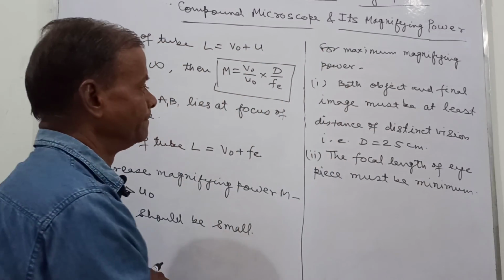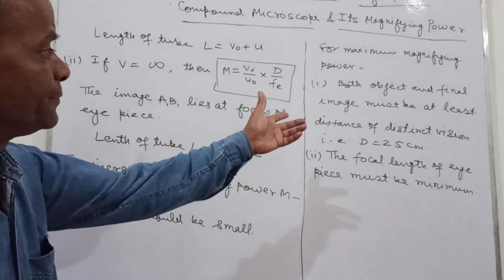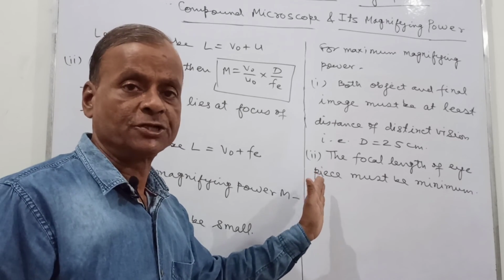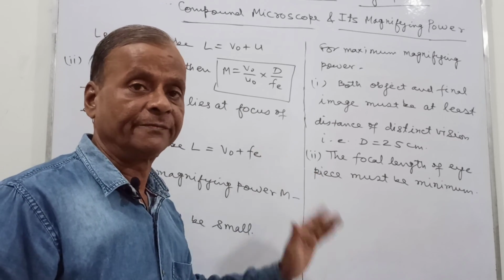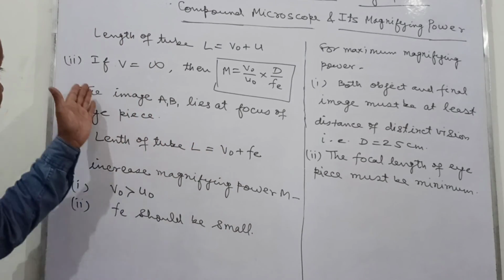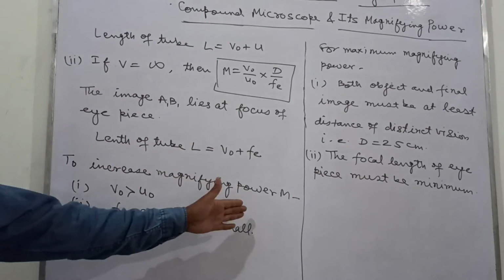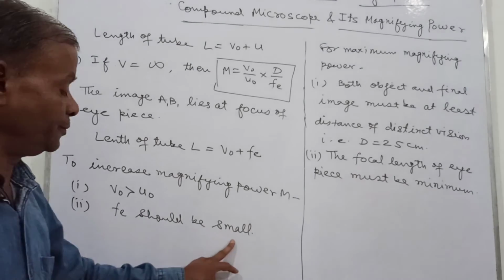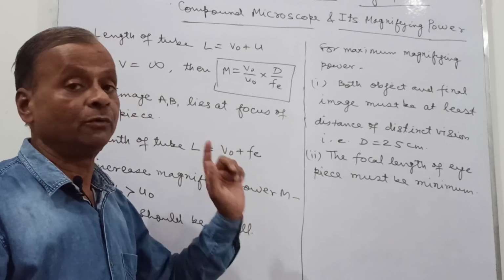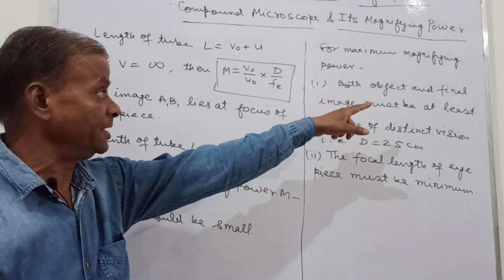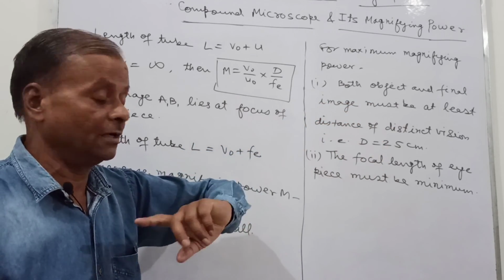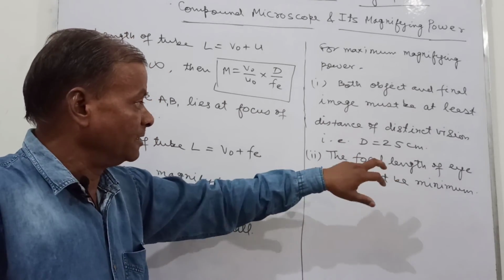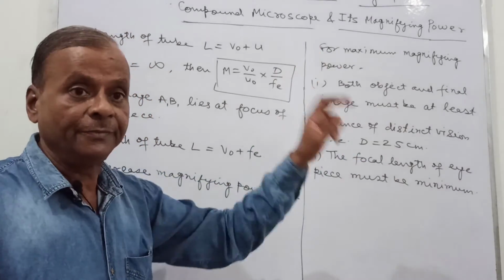Must be minimum. So generally, the focal length of the eyepiece should be smaller so that the magnifying power could be increased. I have told you how to increase the magnifying power: V naught should be greater than U and F E should be small. So for maximum magnifying power, both the object and image must be at the least distance of distinct vision, D equal to 25 centimeter, and the focal length of the eyepiece must be minimum.